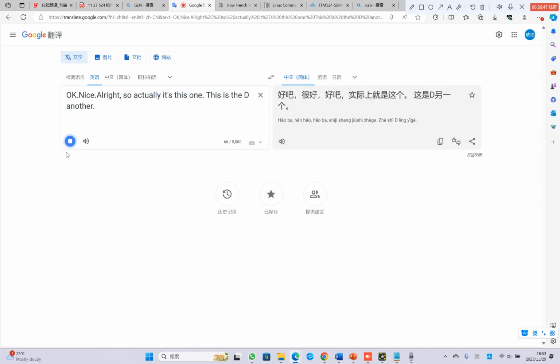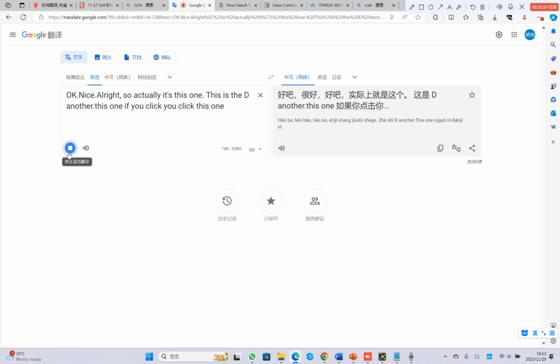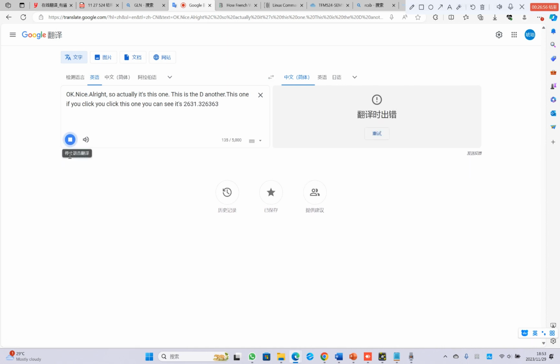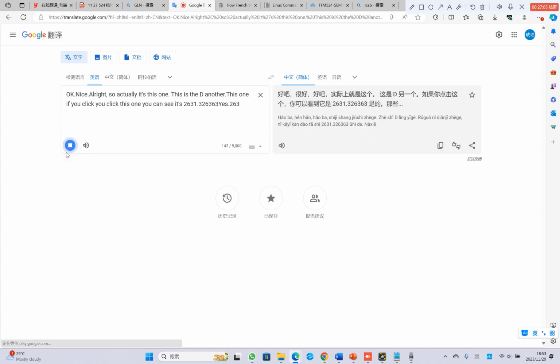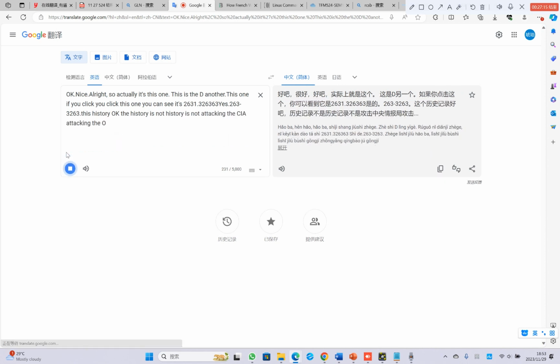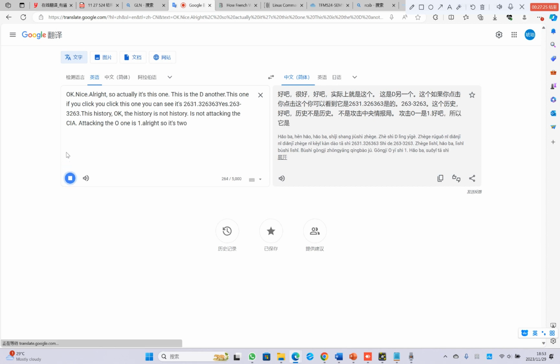This is not attacking the C, attacking the O1. It's O1. Two, 6, 3.